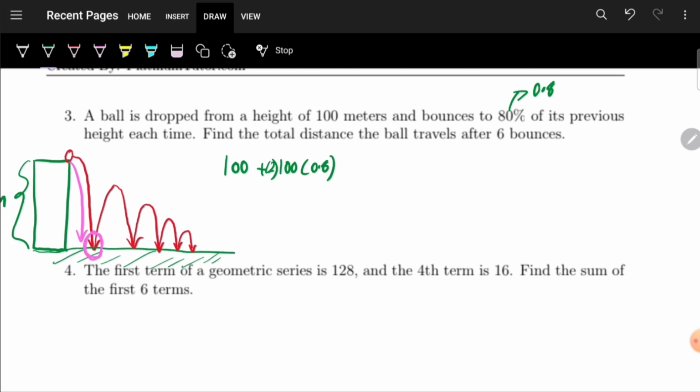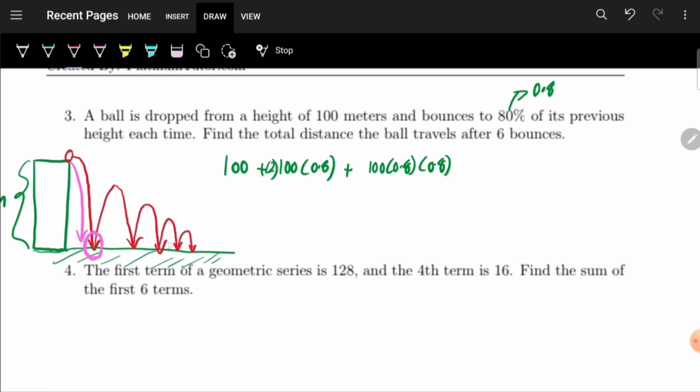Okay. For the next term, we're going to bounce up to 80% of the previous height. Remember, this was the previous height. So we'll go 100 times 0.8, and we'll bounce up to 80% of that, and then we'll fall back down, right?